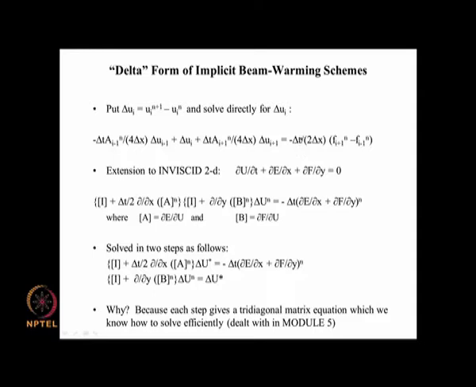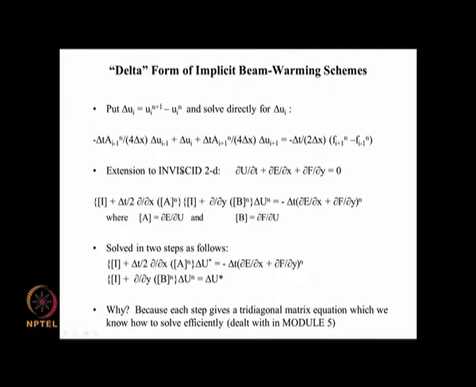This gives us a neat little form for the equations, and we can solve not for u_i^(n+1) but delta u_i. So, this is known as the delta form of the implicit Beam-Warming scheme. It is not any different, but it allows us to put it in a concise form.